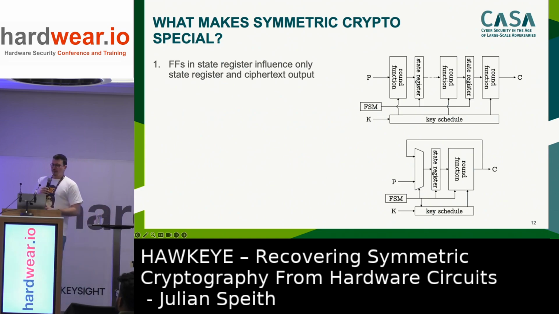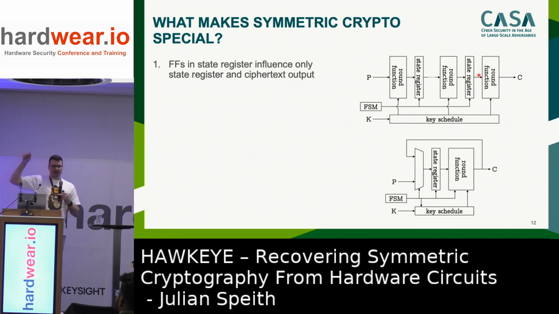Okay, what makes this special? Which properties can we abuse for our detection algorithm? So the first one is that the flip-flops in the state register only really influence other state registers and the ciphertext output. So if you look at the first state register over here, I might switch to the laser pointer. All right, the state register over here, these flip-flops only lead to other state registers and in the end to the ciphertext.